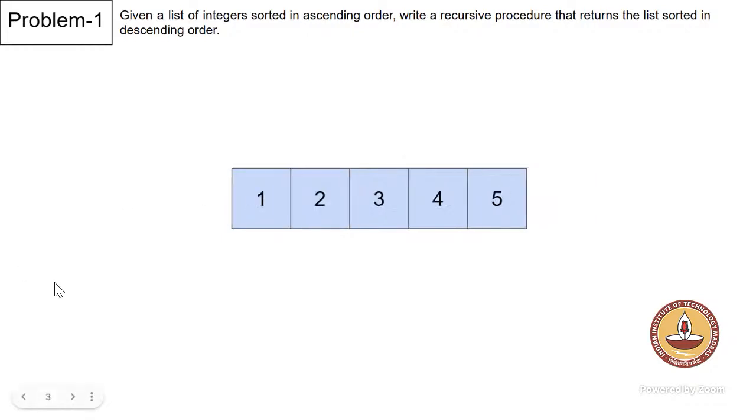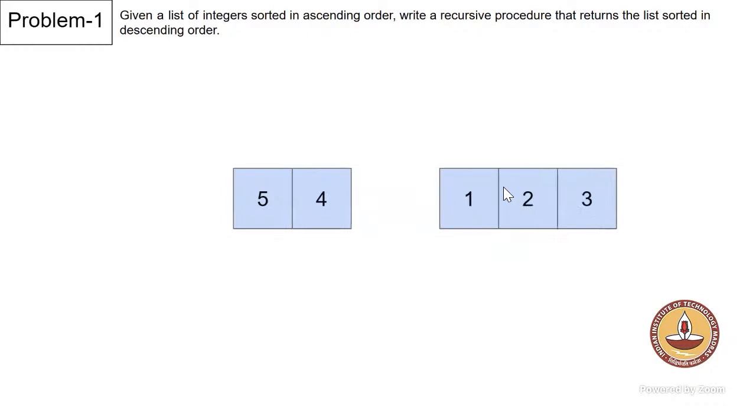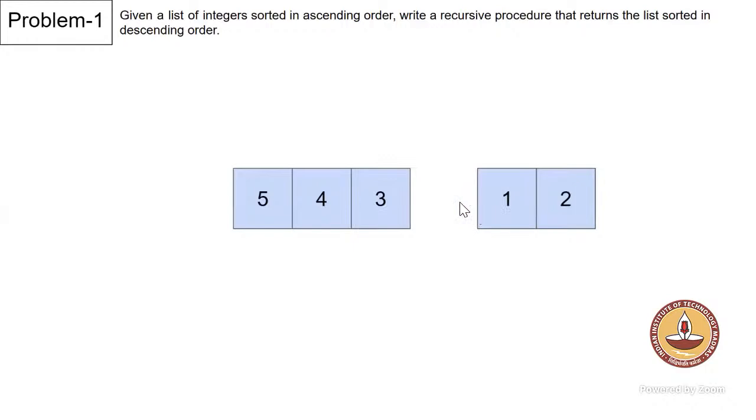To make the ascending list descending, we move the last element to the first position, and the remaining list will be 1, 2, 3, 4. Then we move the last element of the remaining list to the second position. Doing this gives 5, 4, 3, 2, 1, a list sorted in descending order.